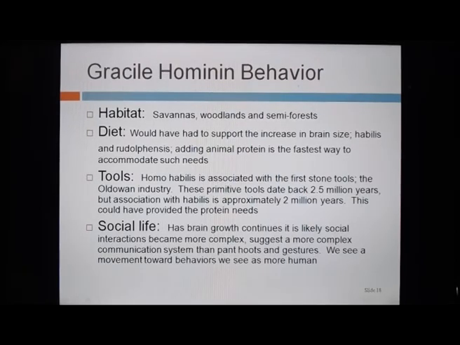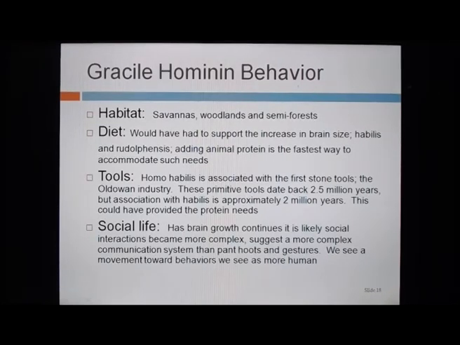Gracile hominid behavior. Habitat: savannas, woodlands, and semi-forests. Diet would have had to support the increase in brain size later on with habilis and rudolfensis, as we'll talk about in a second. And so the idea of adding animal protein would have been the fastest way to accommodate such growth.